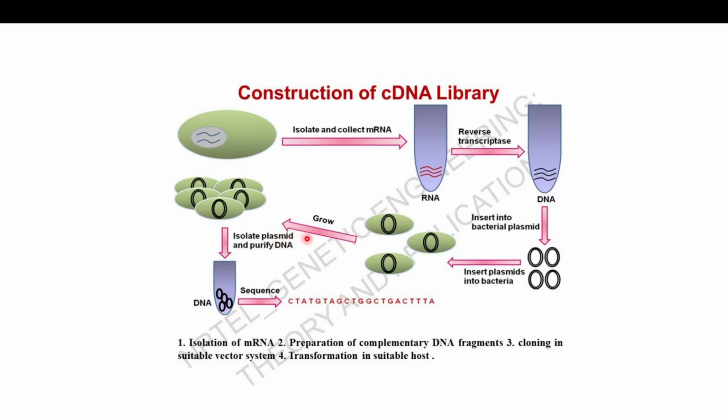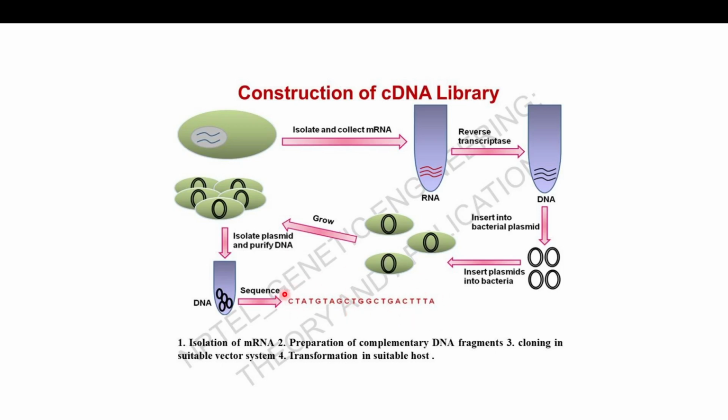And then the recombinant plasmid DNA is purified in much larger quantities from those host cells which have taken up the recombinant DNA. Then, in order to check that there is no mutation or error in the sequence, it's always a good idea to check it via sequencing, so that you know this is the exact gene sequence or DNA sequence that you have.